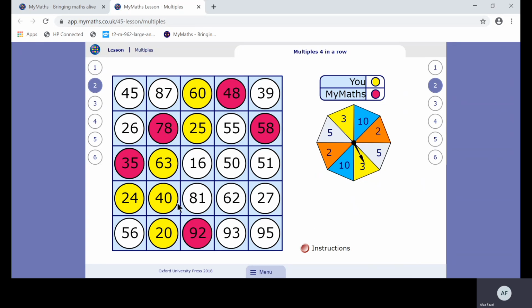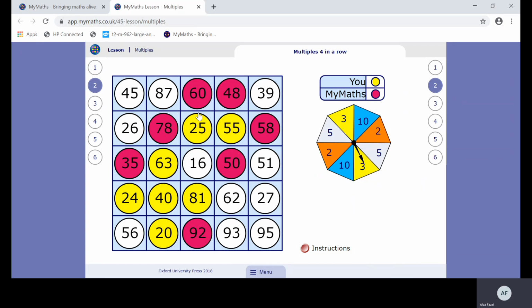We need a multiple of 3. 81 is in the 9 times table as well, so it is divisible by 3. Multiple of 5. We need a multiple of 3.